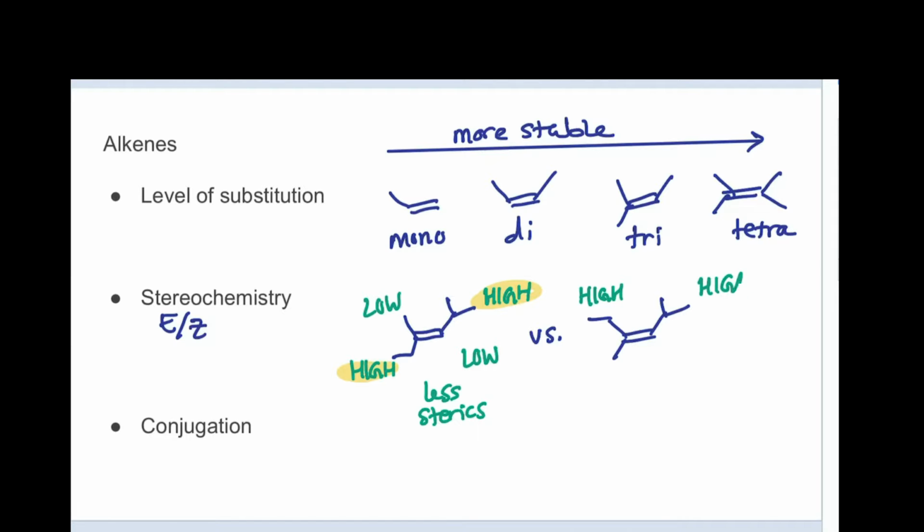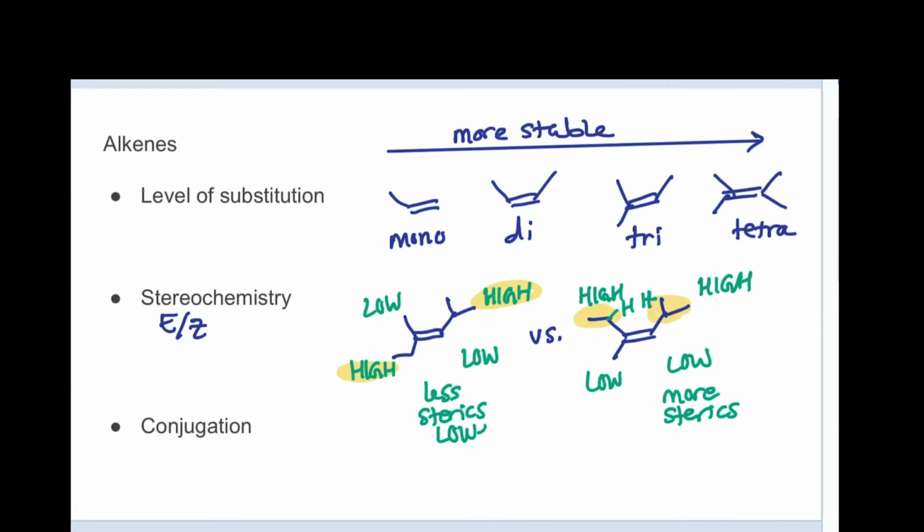So just for comparison, I did that over here, so you can see the high priority groups are on the same face, the low priority groups are on the same face, and having those large bulky groups next to each other is going to create more sterics and higher energy. Basically the hydrogen atoms coming off of these alkyl chains are bumping into one another and crowding each other's space, raising the energy of that particular stereo configuration.